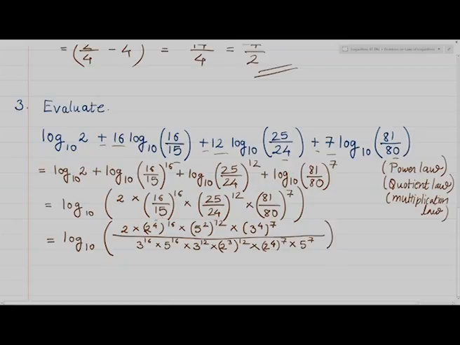Okay. Now, let us tally the indices using laws of indices. Here it has nothing to do with log now, it is just a minor multiplication question. So it is 2 into 16 4s are 64, into 5 raised to 24, into 3 raised to 28, upon 3 raised to 16 into 3 raised to 12.